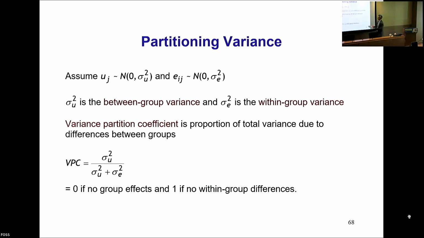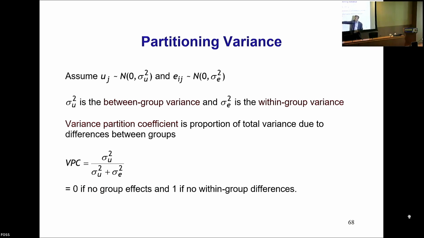So for the partitioning of the variance, as I said, we assume that the group level residuals and the individual level residuals around the group mean have all of these assumptions. What we can do is calculate the variance partition coefficient. So the VPC is just the UJ divided by UJ plus EIJ.